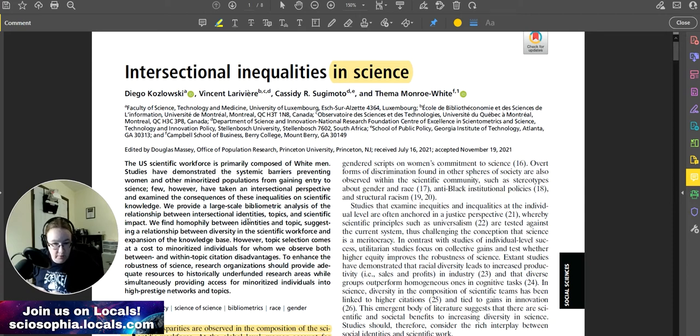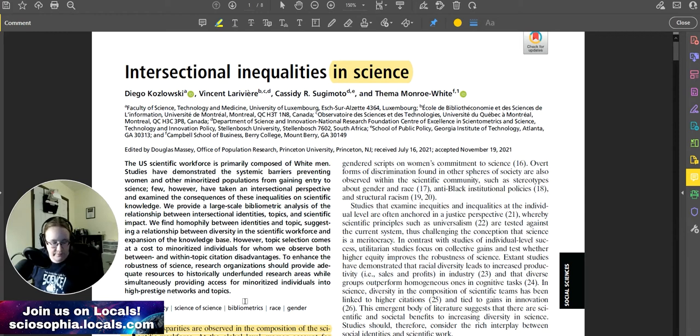We find homophily between identities and topics, suggesting a relationship between diversity in the scientific workforce and the expansion of the knowledge base. However, topic selection comes at a cost to minoritized individuals, for whom we observe both between and within topic citation disadvantages. To enhance the robustness of science, research organizations should provide adequate resources to historically underfunded research areas while simultaneously providing access for minoritized individuals to high-prestige networks and topics.